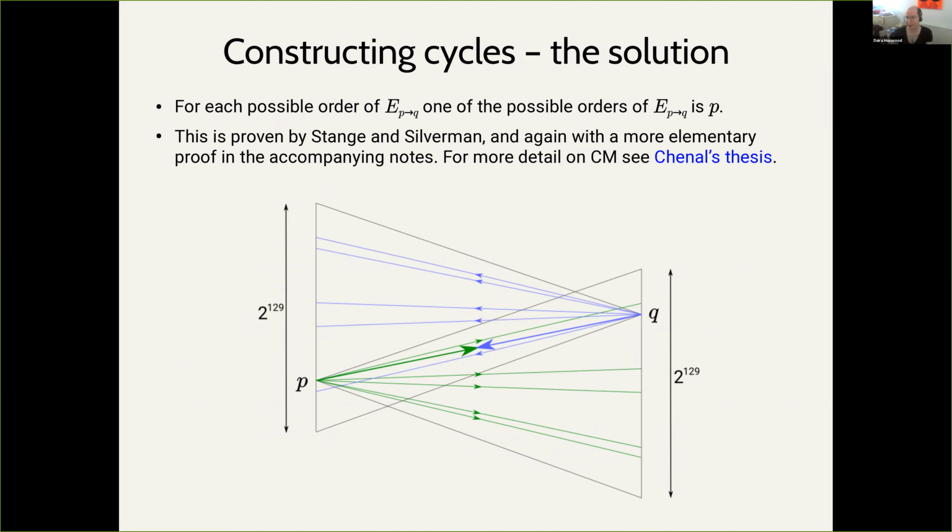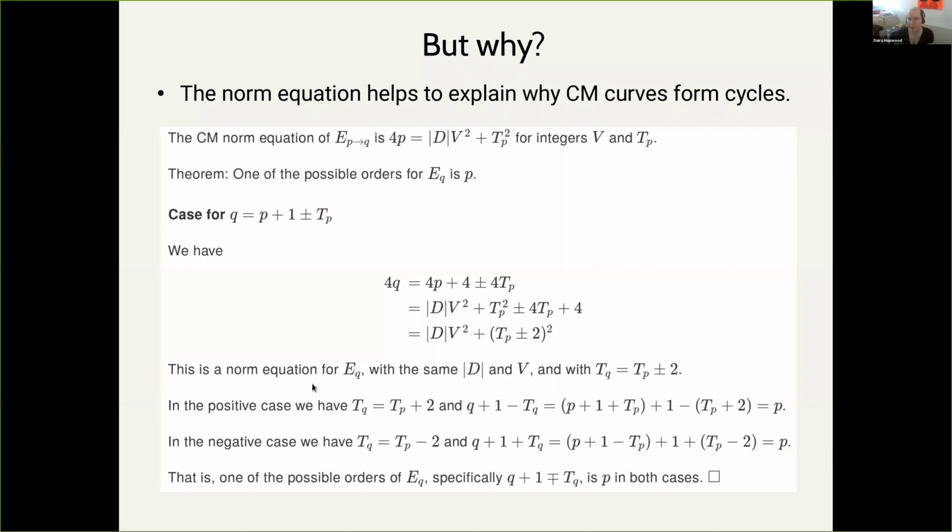Okay, this is the diagram we saw before, where we have one of the possible orders of Fq going back to P. And we can prove, it's a fairly simple proof, again, I'm not going to go through the details, but the point is that it fits on a single slide, the proof that you can form cycles using these curves.